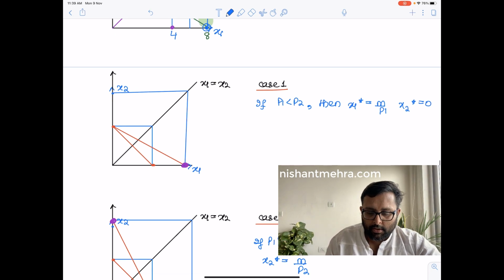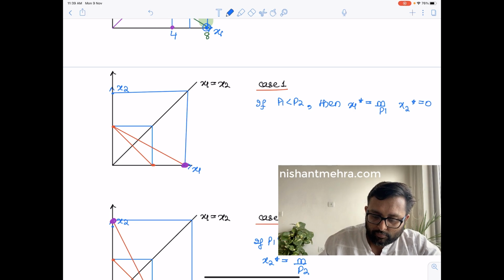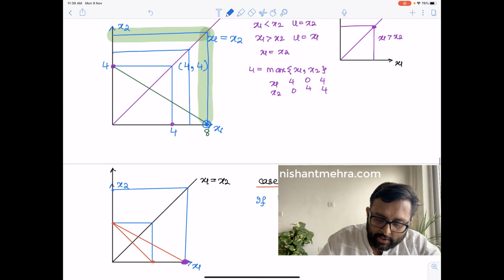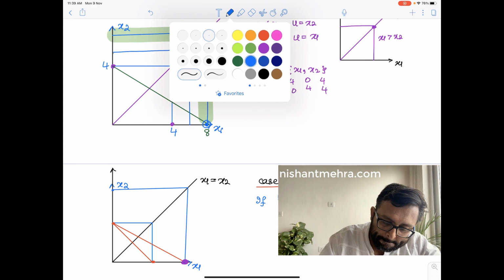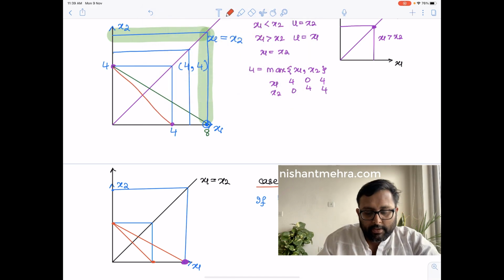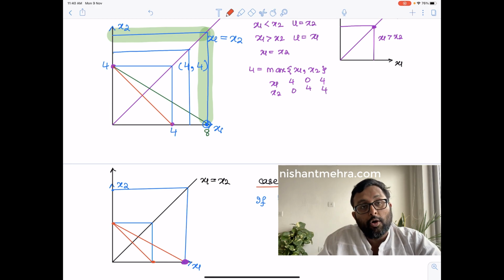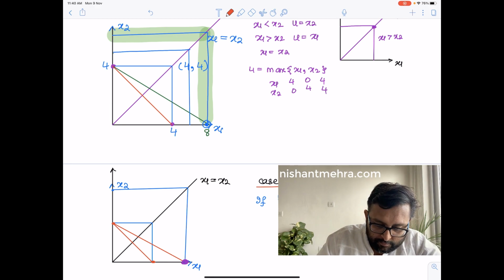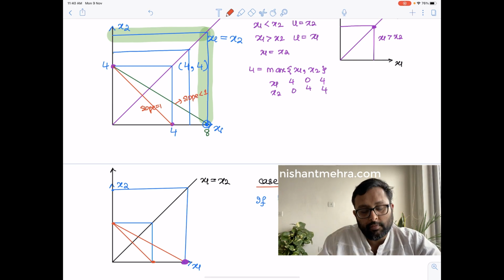You with me? So if I would have drawn, let's say, like this, then the slope of the budget line would have been 1. When I have drawn it for a green line, the slope of the budget line is less than 1.